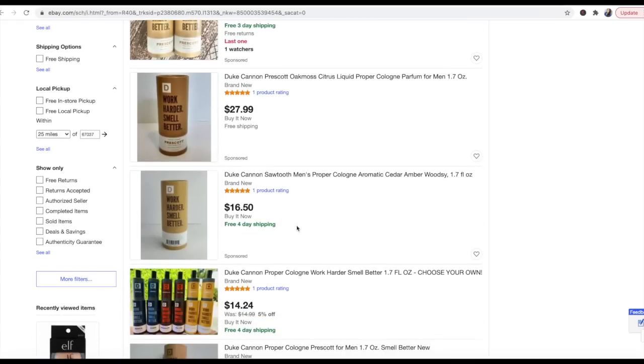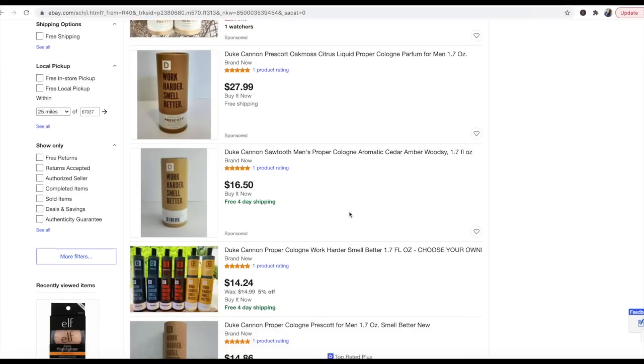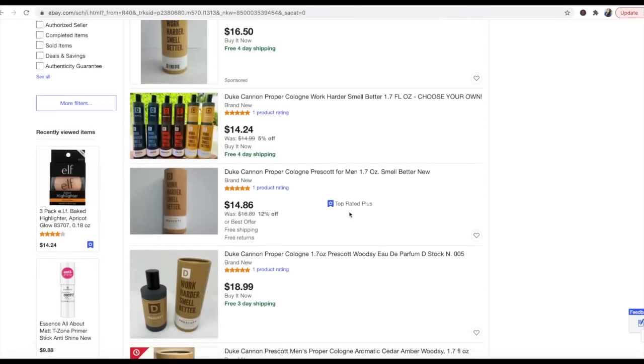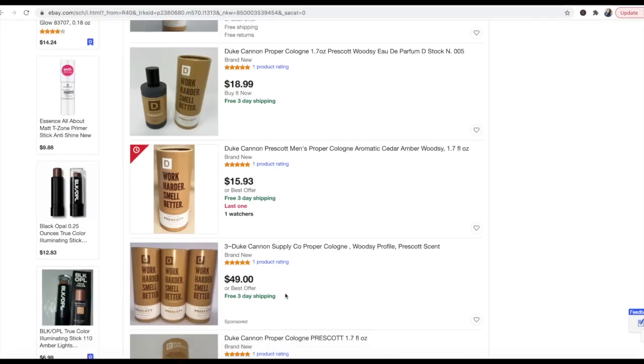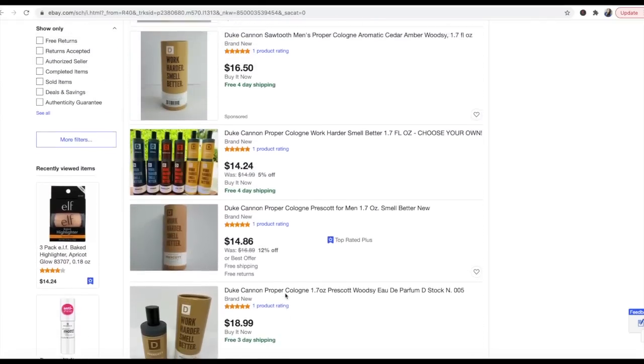But it honestly looks like this is the same seller, although this one is, oh, they're both sponsored. They look like the same seller, don't they? Oh, it's because this is Sawtooth and this is Prescott. That's why there's two different prices. I was kind of thrown back there for a minute. Let's see, 3 for $49. Okay, so we have kind of a general idea.